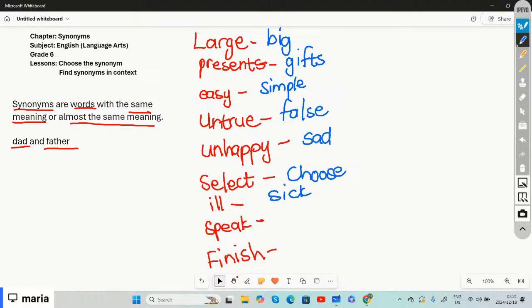And another word for speak, we can say it is to talk. You talk to someone, you speak to someone.